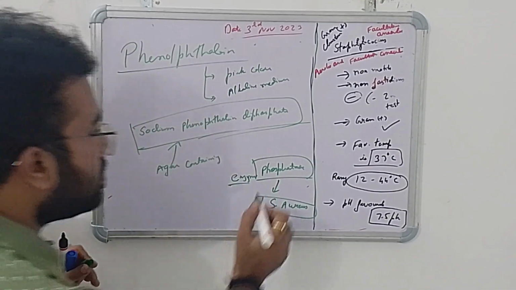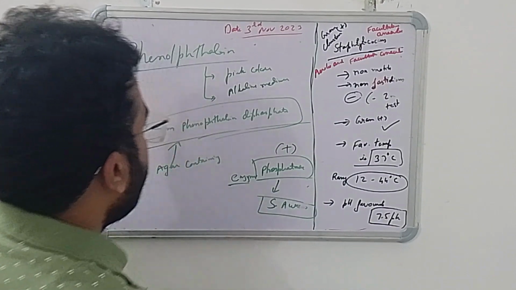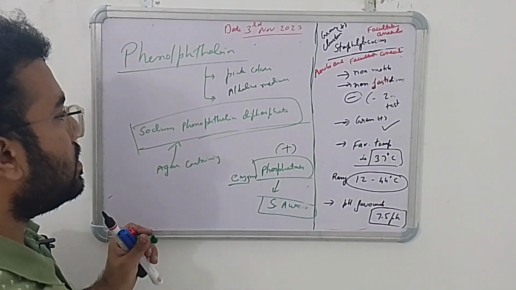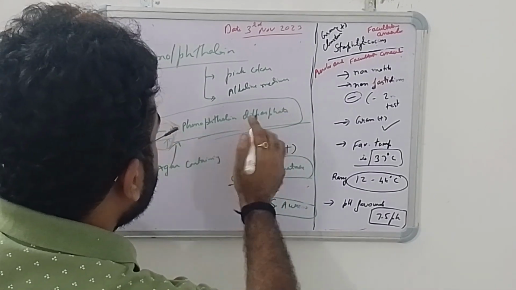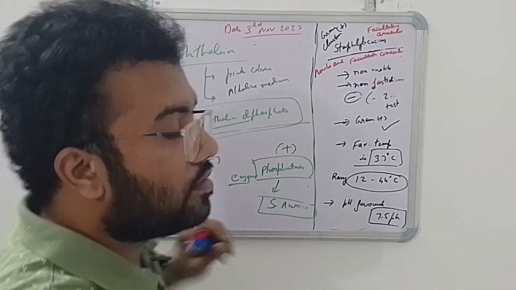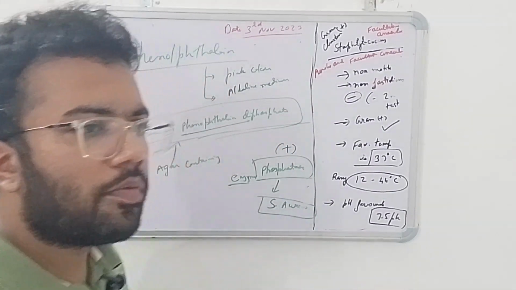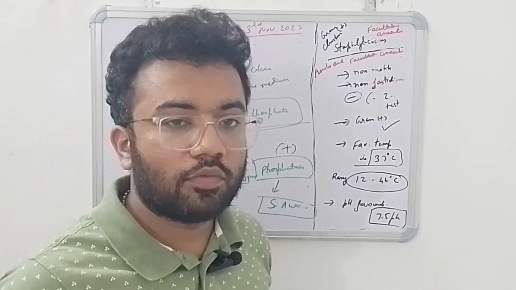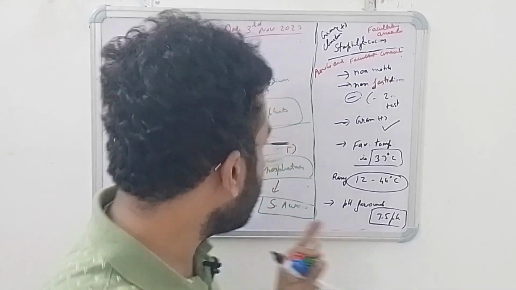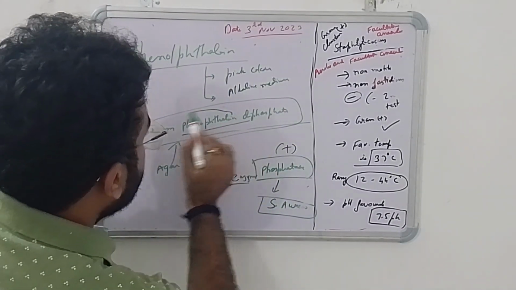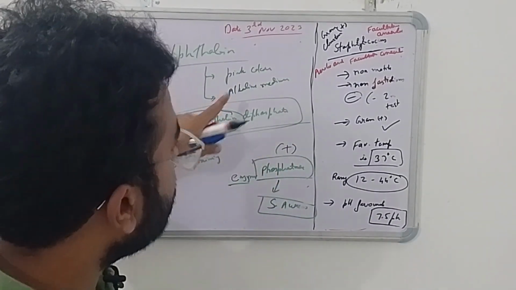So phosphatase is positive, and the role of phosphatase is that it frees the phenolphthalein. It's a prison break for phenolphthalein, because phosphatase removes phenolphthalein from this compound. Phenolphthalein itself gives a pink color in an alkaline medium.